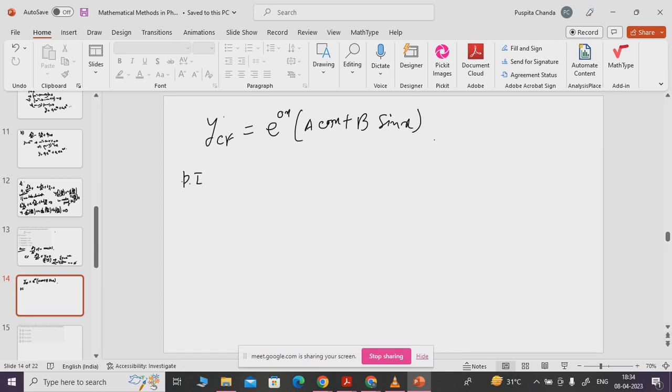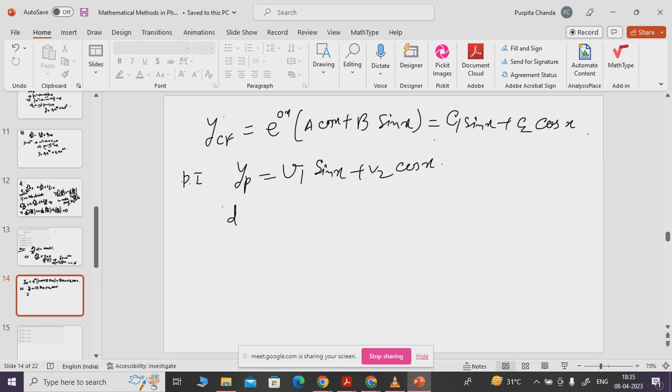Okay, so to find a particular integral using variation of parameters, we assume that yp is equal to v1 sin x plus v2 cos x. We can also write c1 sin x plus c2 cos x. So we need to satisfy the differential equation.